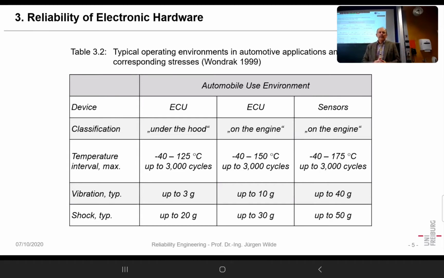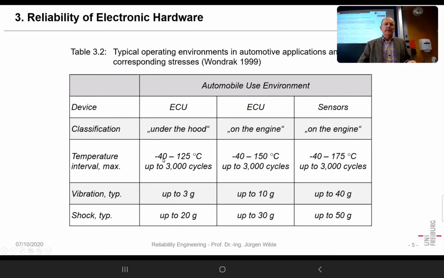Okay, when we look at traditional cars with a combustion engine, we can say there we have several environments. One environment I already omitted, that's the passenger compartment. And here we have the normal area and we have the dashboard. And then we have the classification under the hood. There it can be quite warm.